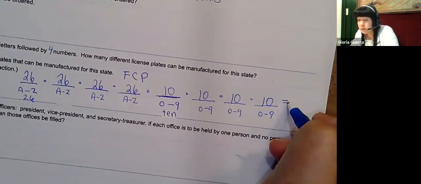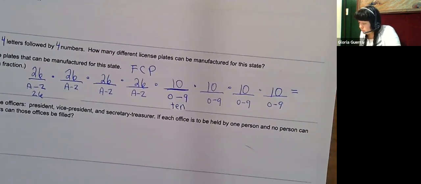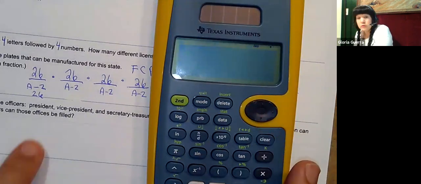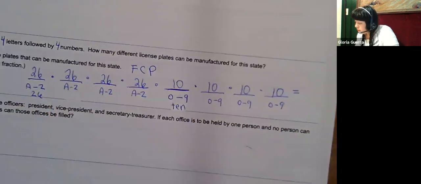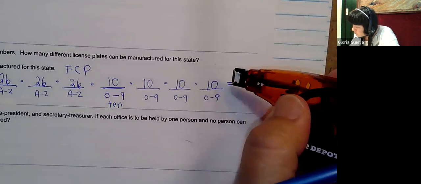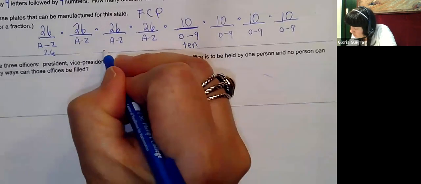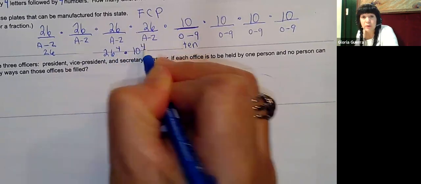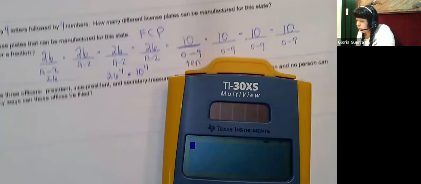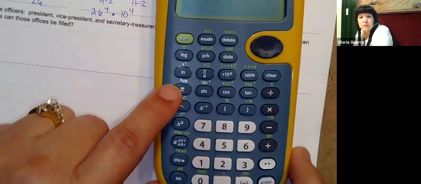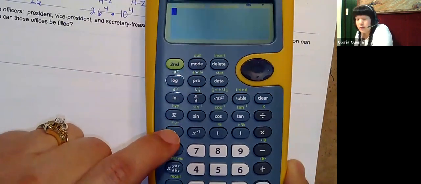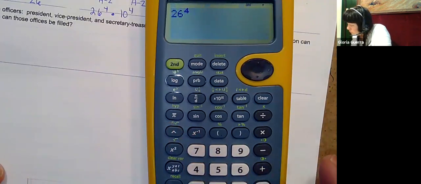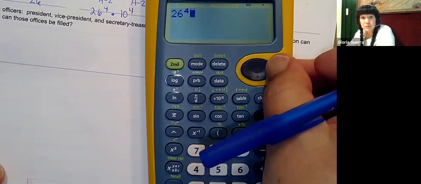So let's multiply that out. I can also use my exponent key, so I can say that this is 26 to the 4th power times 10 to the 4th power. I'm using my hat key, or caret key. See this hat key here? 26 caret to the 4th, but then I have to push it down.